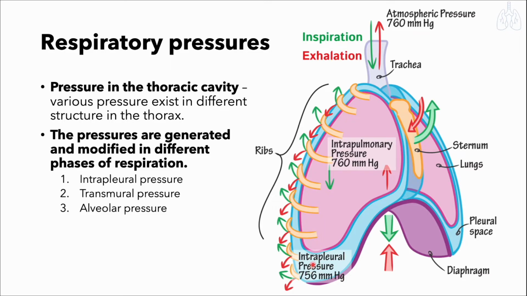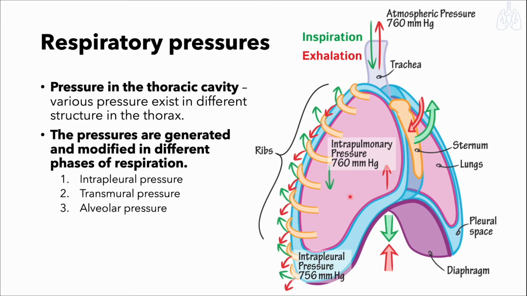Let's imagine you have the intrapleural pressure very high compared to the intrapulmonary pressure. For example, we give 770, and this is 760. If the intrapleural pressure is high, it is going to push the lung.